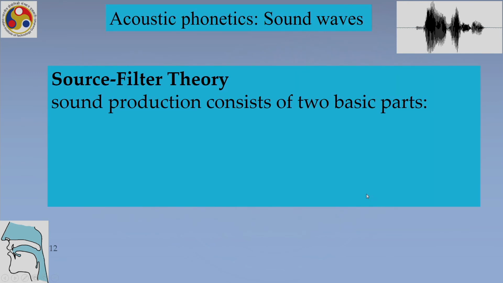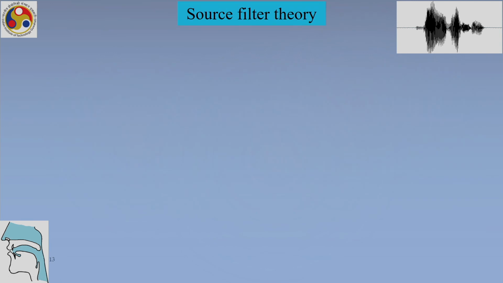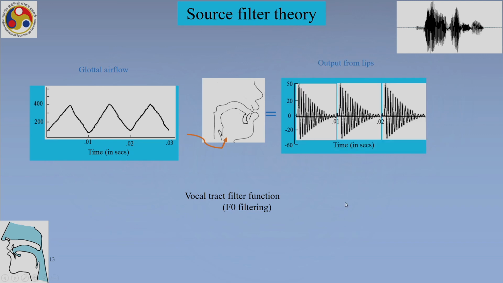And we also studied source filter theory, how sound production consists of two basic parts, the generation and the filtering. And we saw how the glottal wave is filtered by the vocal tract, and as a result we have the component frequencies which are a result of the filtering function of the vocal tract.